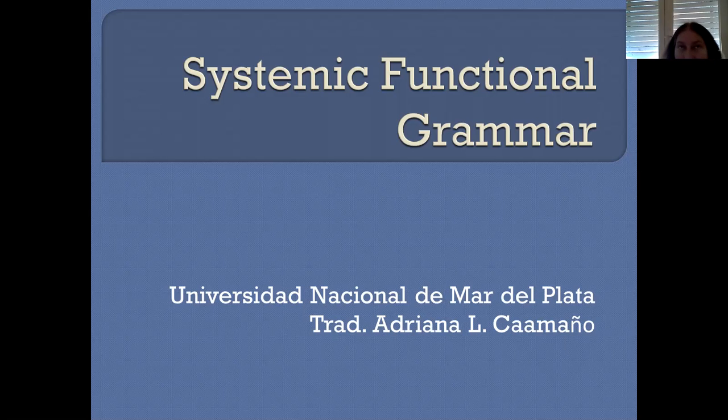Let's try to see, let's remember what was happening at the beginning of the 20th century. We had structuralism, we had the Saussure in Europe, and we also talked about how structuralism developed in America.